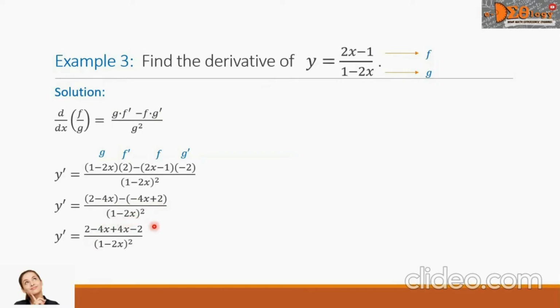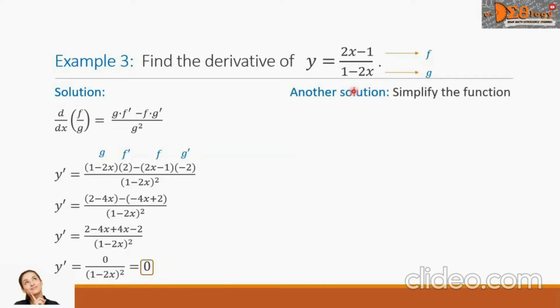Let us combine similar terms of our numerator. It is now simplified into 0 all over the same denominator, square of the quantity 1 minus 2x. So the final answer for y prime is simply 0.